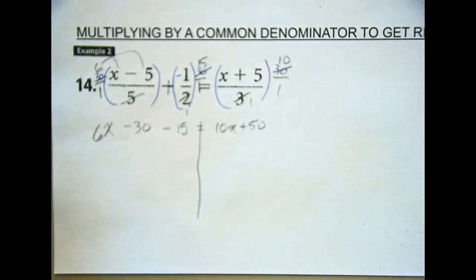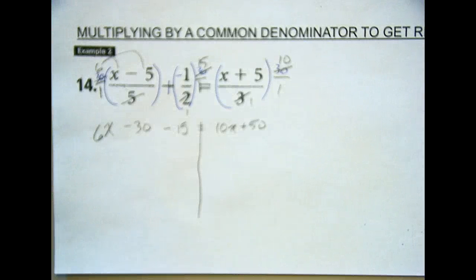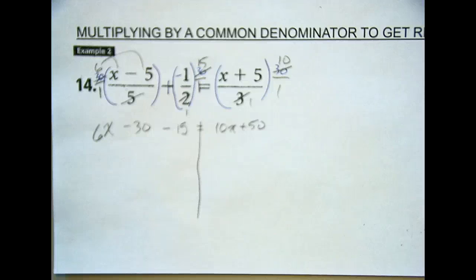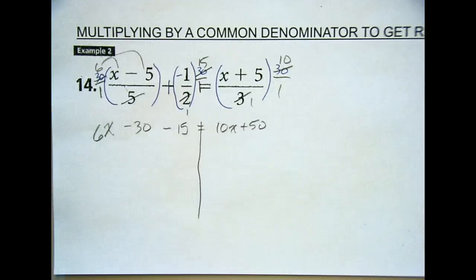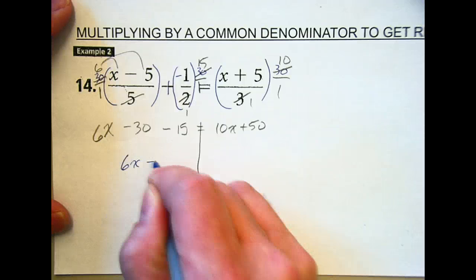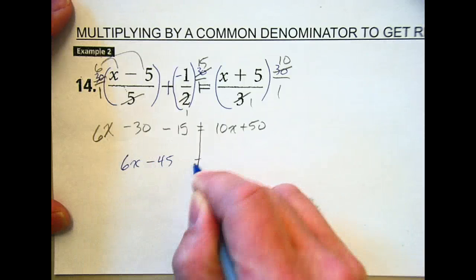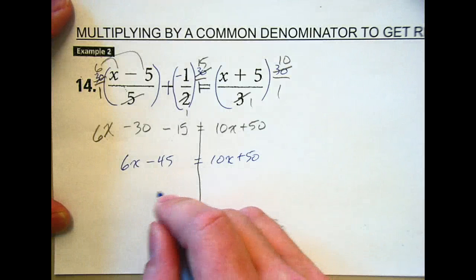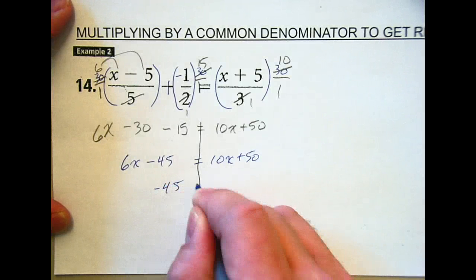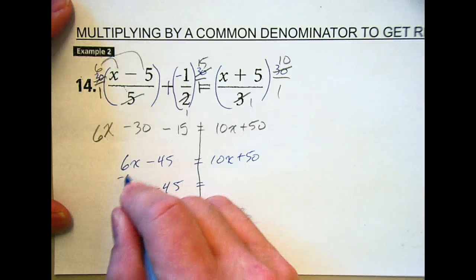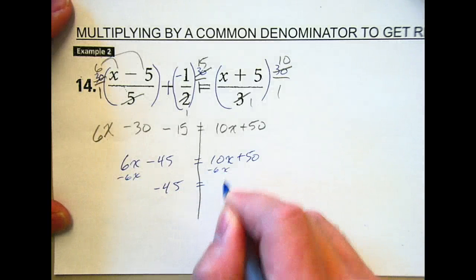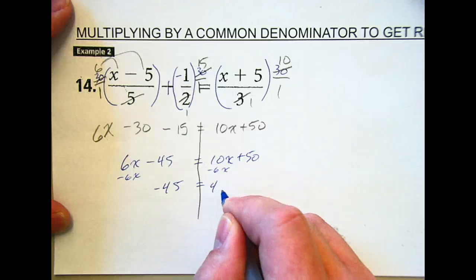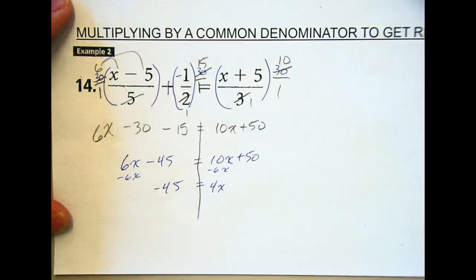Oh, well done. 6x minus 45 equals 10x plus 50. Subtracting 6x, add 45. Negative 45 equals subtract 6x. 4x plus 50.